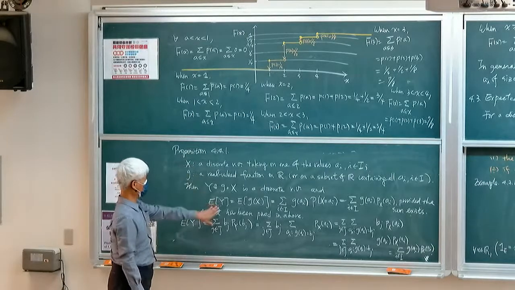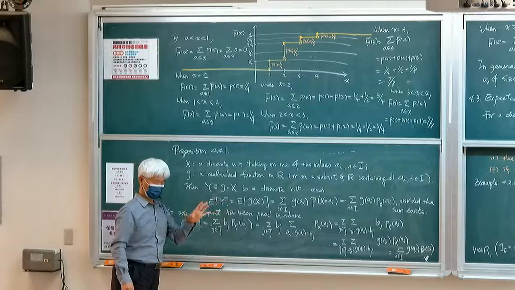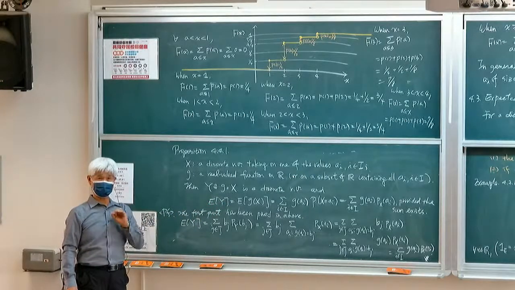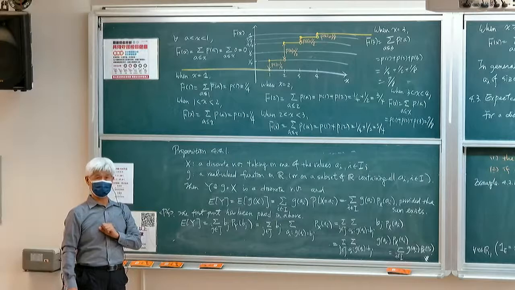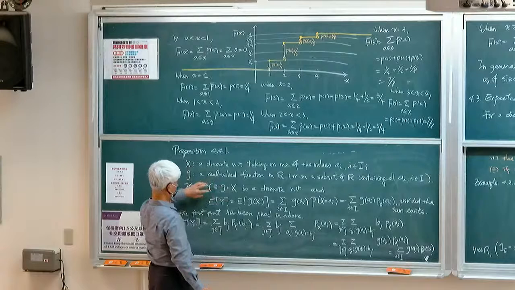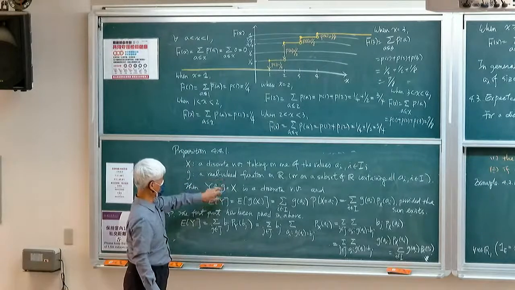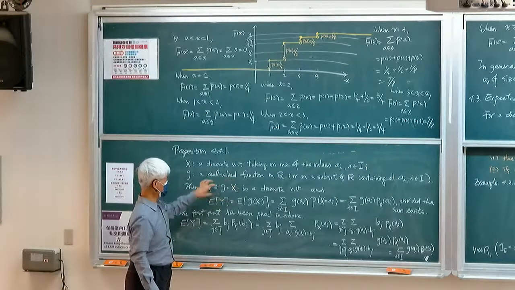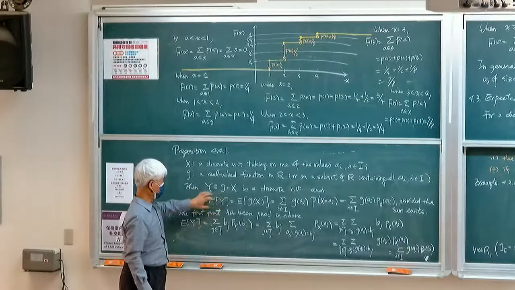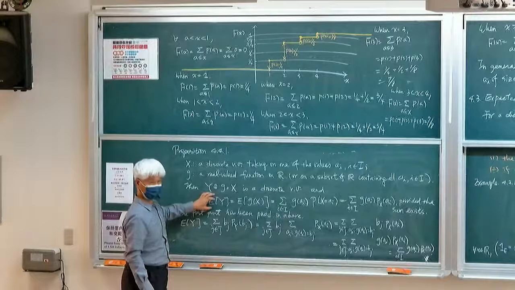All right, so data processing of a discrete random variable is an easy thing to study, because for any such function G, this composition Y is also a discrete random variable, and so we can have the expectation.